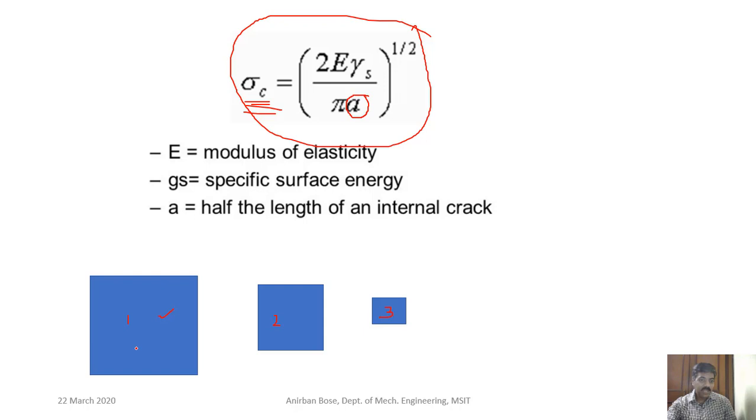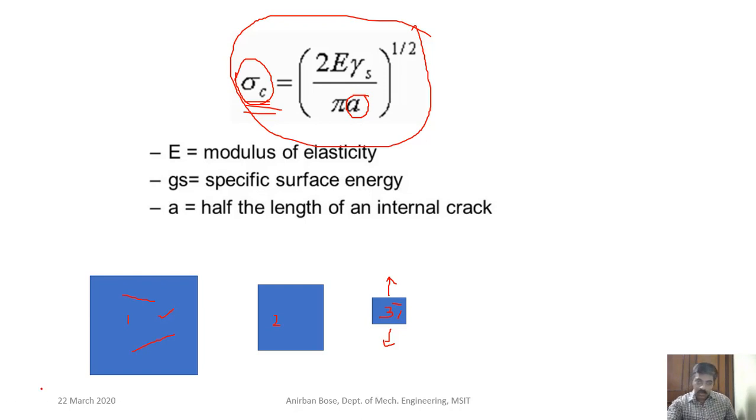So it is expected that a larger crack is possible in a material of larger size, whereas obviously smaller cracks are present in a smaller size sample. So that's why the size of the crack is definitely small in this case. So A is small. If A is small, then sigma C is large. That means it can take a larger value of stress. But the larger samples will not be able to take a larger value of stress because the crack sizes are large, so sigma C will be less.